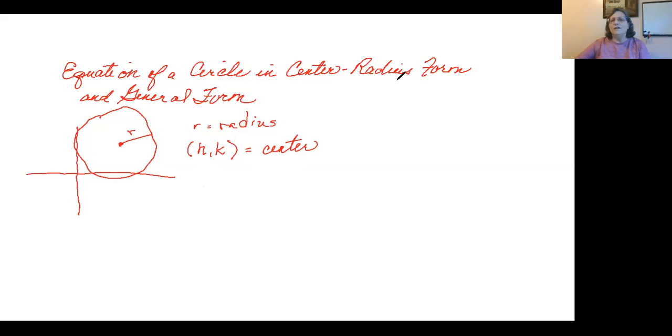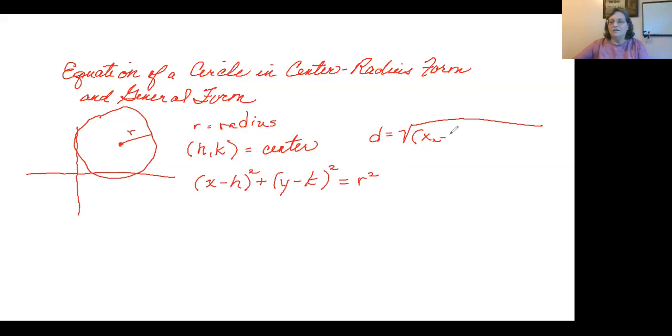In center-radius form for a circle, they will call the equation x minus h squared plus y minus k squared equals r squared. This is based on the distance formula, where the distance between 2 points is the distance between their x values squared plus the distance between their y values squared.